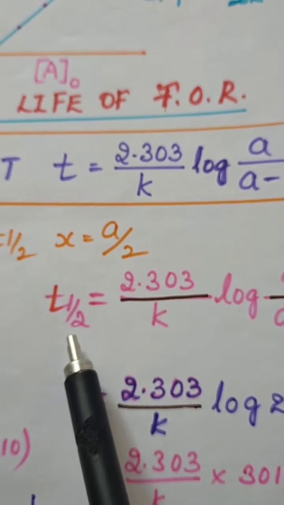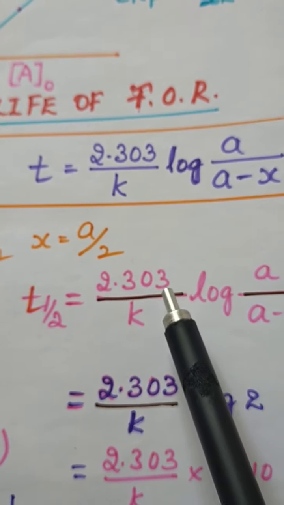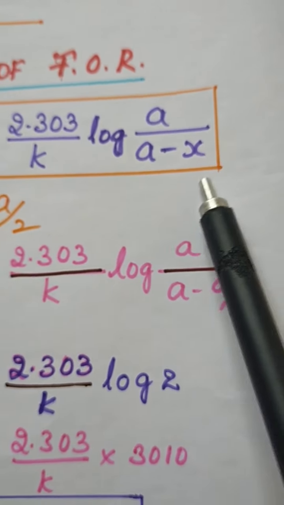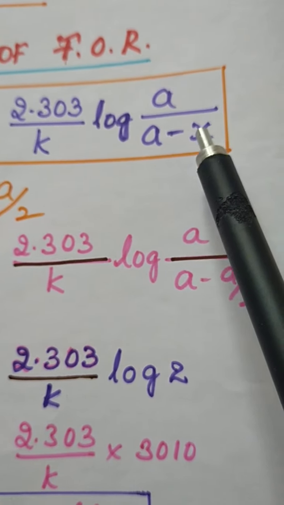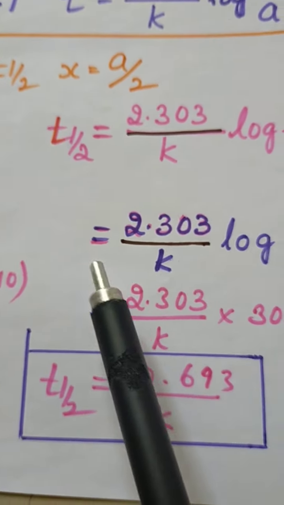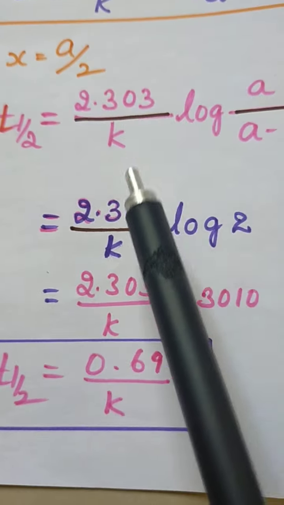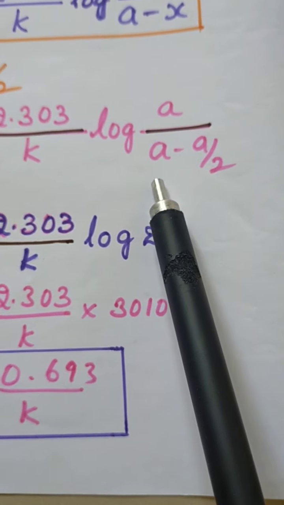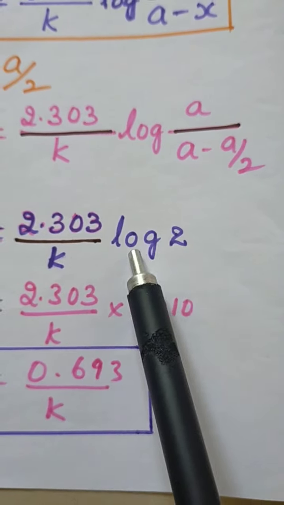t becomes t half, and 2.303 by k stays the same, then log of A by A minus x, where we change the x value into A by 2. Then the equation becomes t half is equal to 2.303 by k, and by simplifying the denominators, A by A minus A by 2, the A cancels and we get log 2.